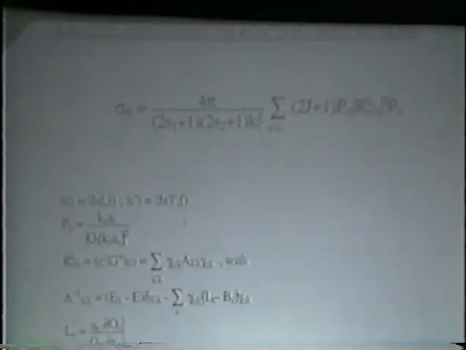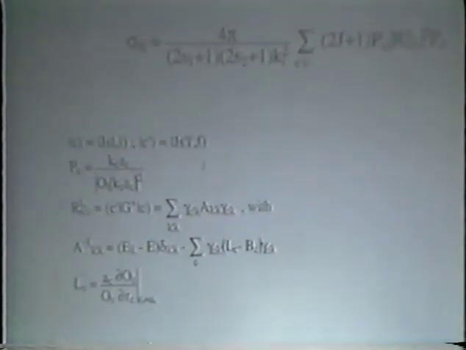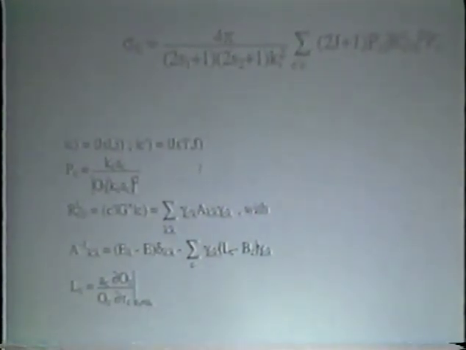And this, for those of you who are familiar with scattering theory, is a projection of the outgoing wave Green's function for the short-range interactions of the system onto a surface which is called the channel surface or the nuclear surface for the reaction.